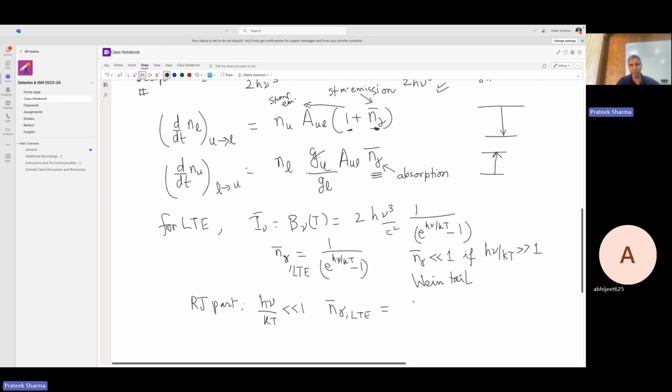So n gamma bar becomes kT by h nu, which is much bigger than 1. So at low frequencies, a single frequency state can have many photons.